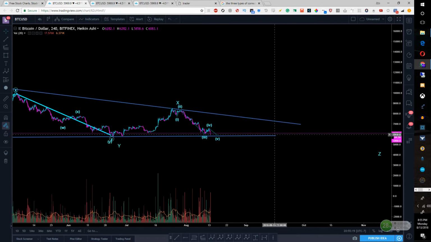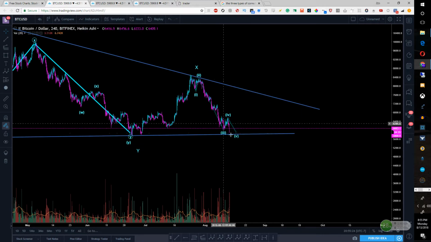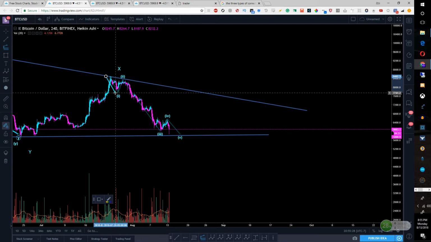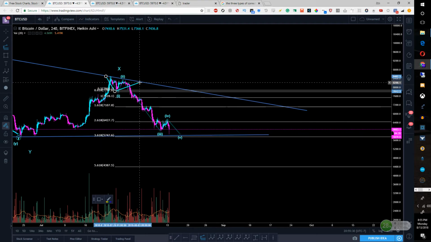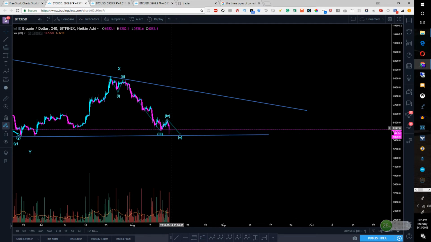And so with that, if I am right about this being 5 waves down and this is the end of 3, I don't really think it matches up with any extensions, but that's 5 waves down.